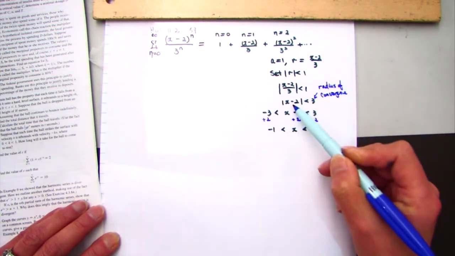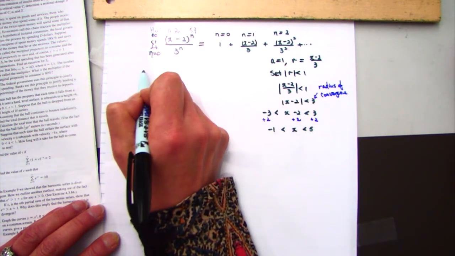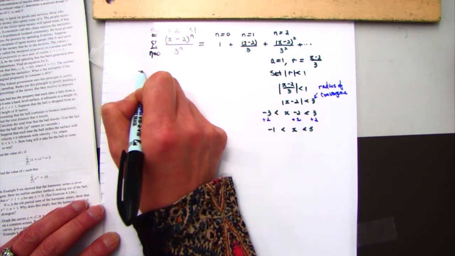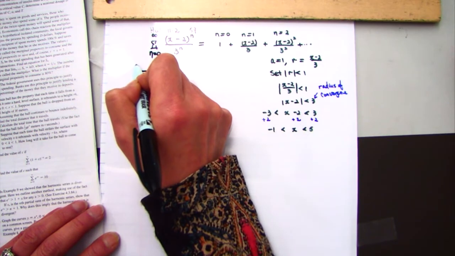Okay, centered at 2. I think that's pretty easy to look at. All right. Okay, let's come back again. So I am going to write that your x is going to be between -1 and 5.